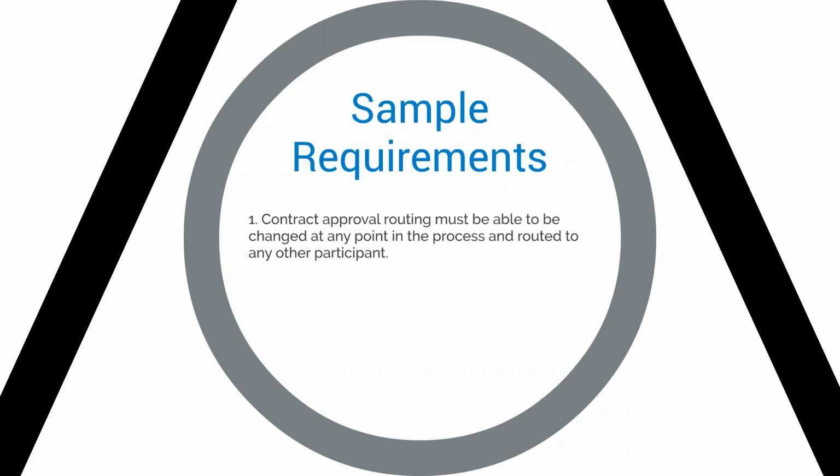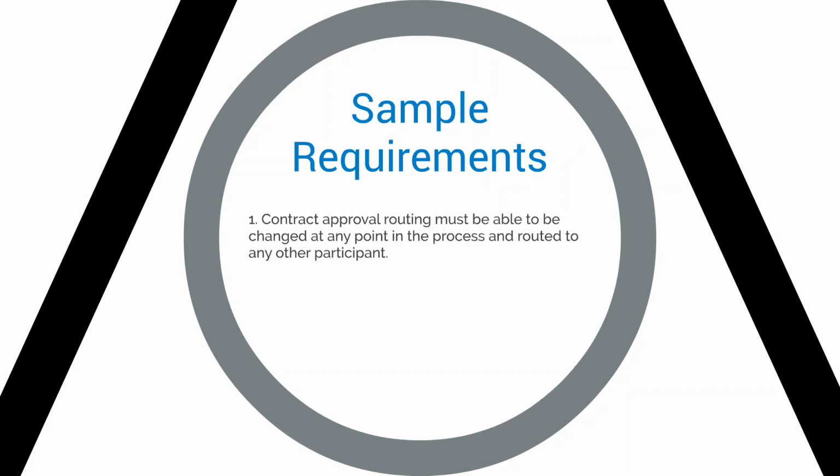This gives me some clues about what I might configure in my actual software implementation of this solution, but it doesn't necessarily define it at this level. For right now, I just need to know that as a contract is getting routed through my organization, at any point in the process, anybody who's reviewing a contract should be able to choose the next person.